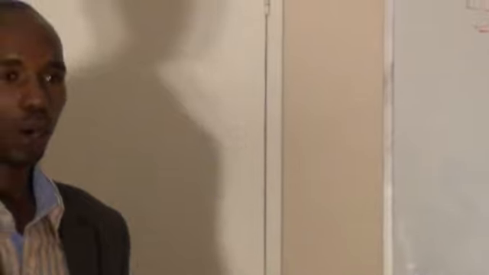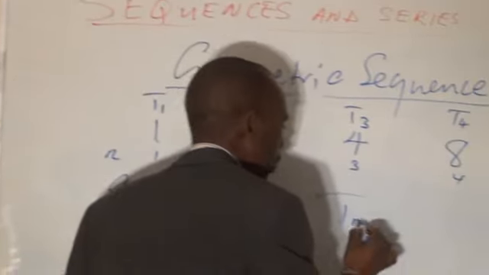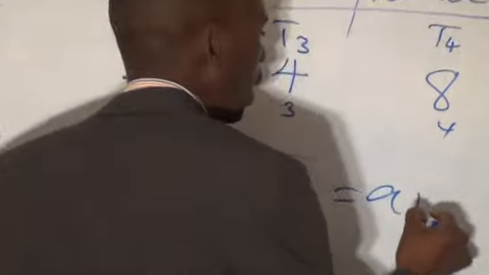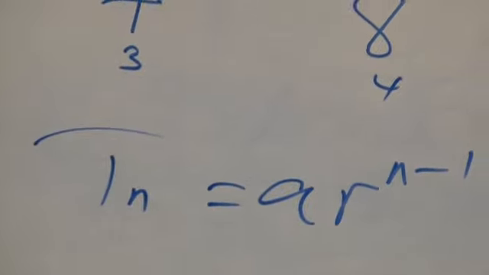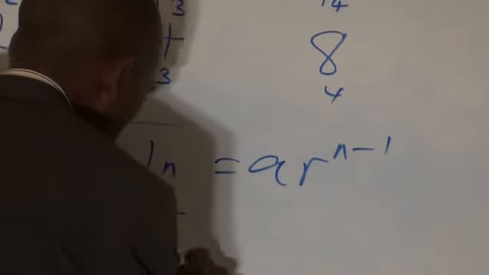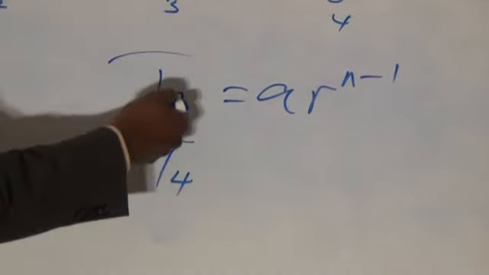If I were to ask you in general, can you tell us the fourth term of this sequence? Very easy. We know that for a geometric sequence, Tn is equal to a times r to the power n minus 1. So if I want T4, the fourth term, it means that n is equal to 4.